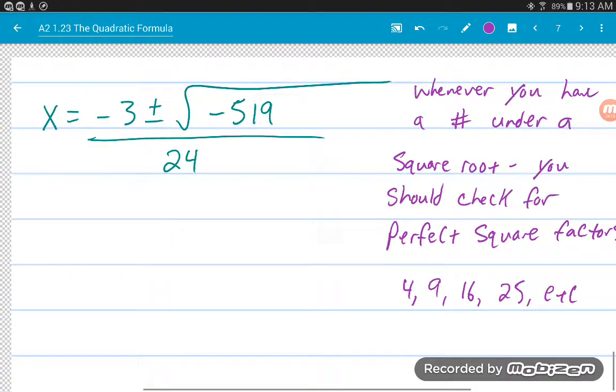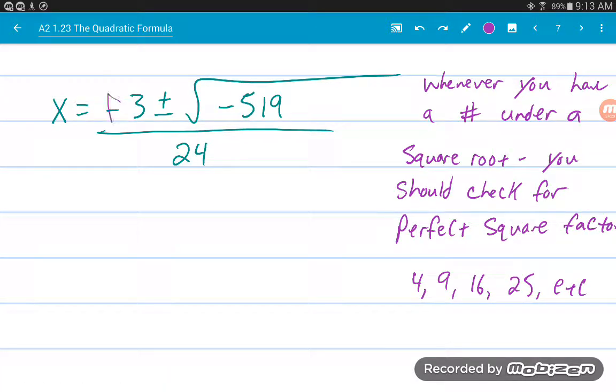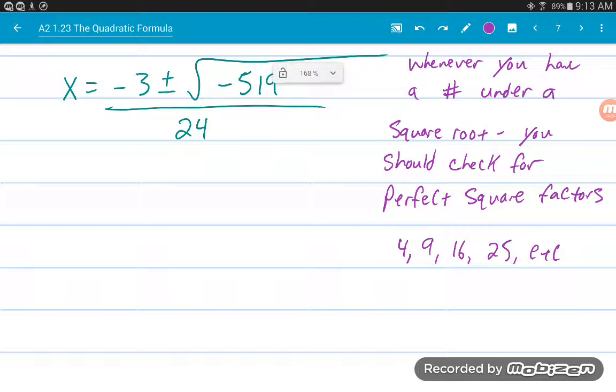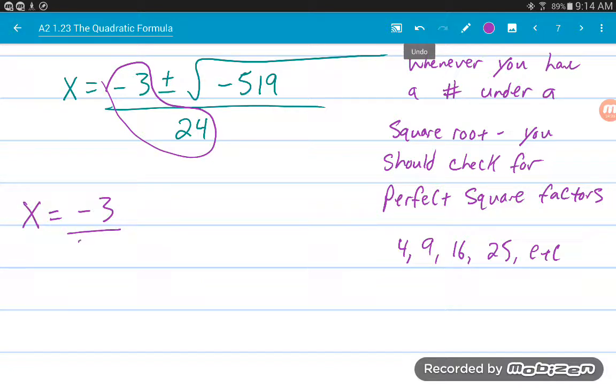The only thing that I can do to simplify this, not going to simplify that guy, but I can simplify this. What I can do is split this into two fractions with a plus or minus in the middle. So my first fraction, x equals negative 3 over 24, plus or minus.